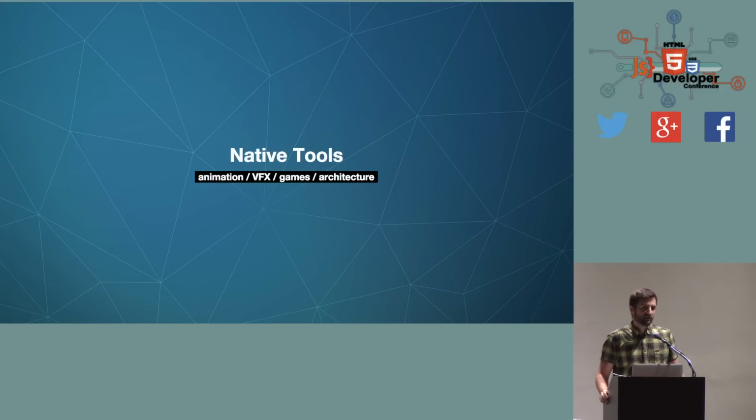But those same tools suffer from some problems that are inherent to the native platform. Just to name a few, for example, in order to run a tool, you actually have to download the whole tool and install it on your machine. That's acceptable, but it's definitely not ideal. And then if you want to work on a different machine, you have to do the same process again.